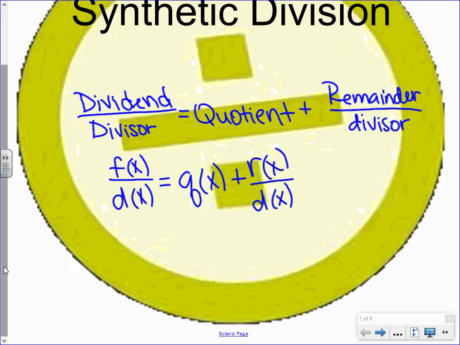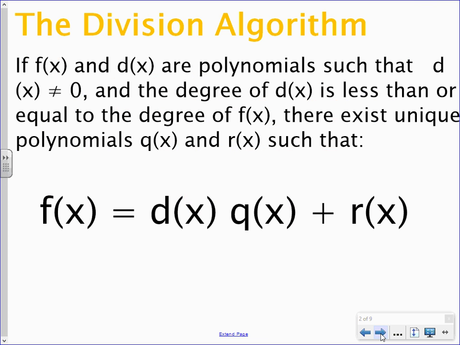Now, if I wanted to rearrange that, so there aren't any fractions, we can multiply everything by the divisor. So, the division algorithm is that any function, this is what our dividend is, can be written as a divisor times a quotient plus a remainder. Basically, we took that on the front page, we multiplied it by d, and we have this.